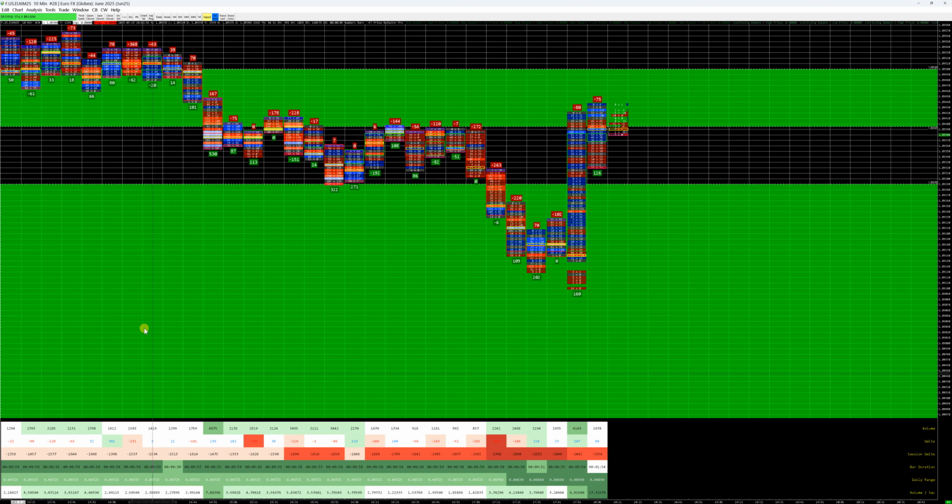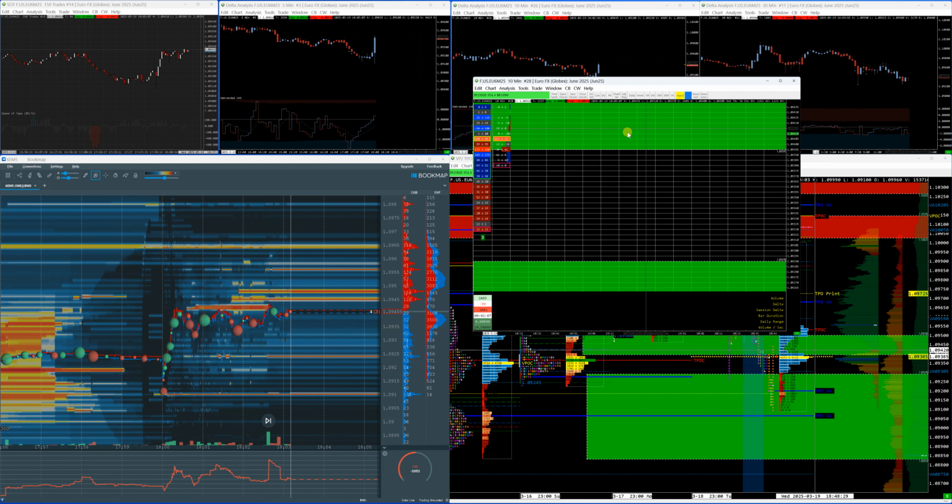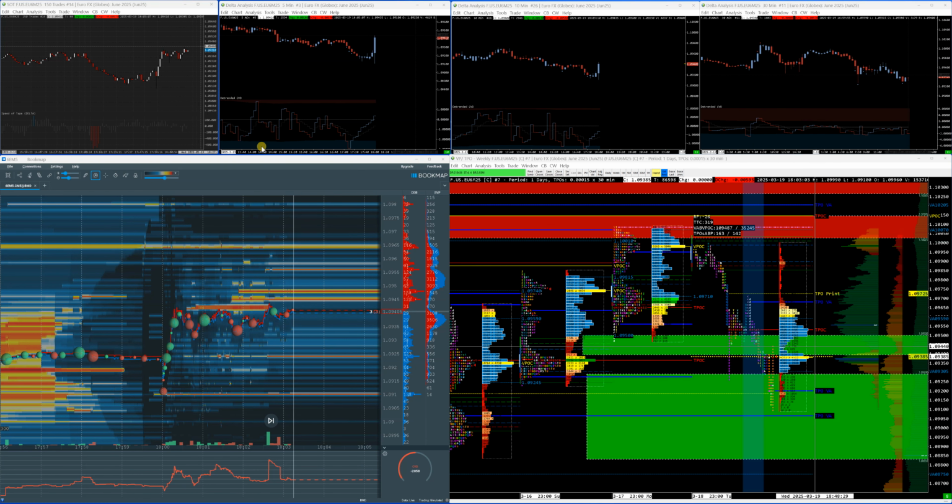This clearly was the area above that we drew here. Sorry, that's just this area we're seeing here.